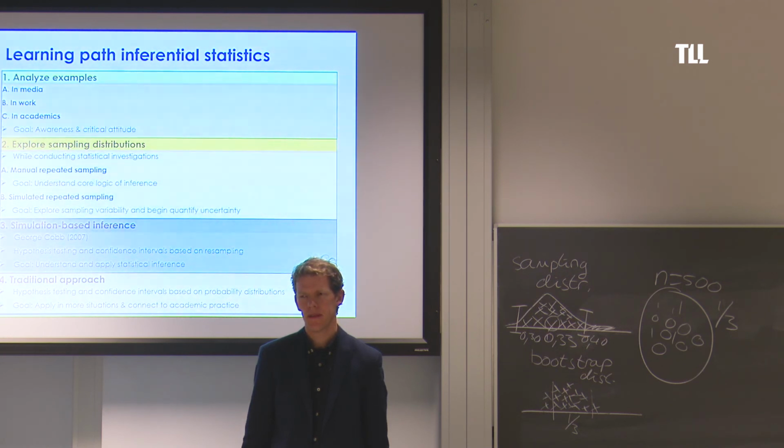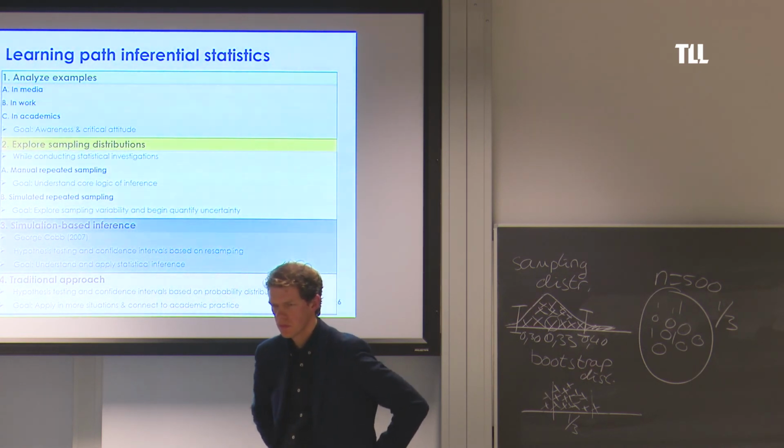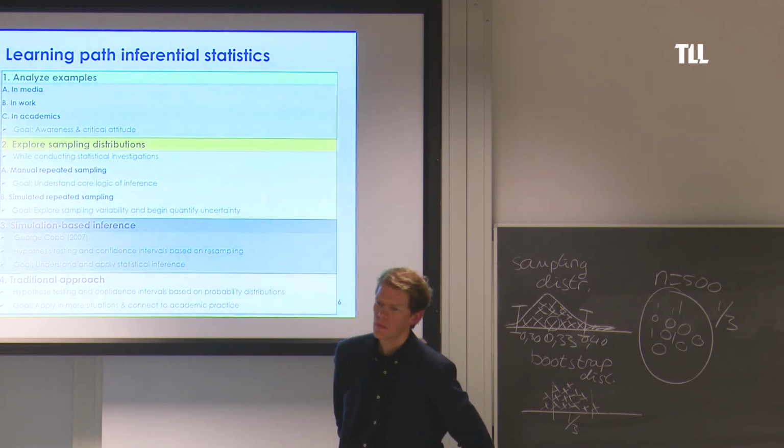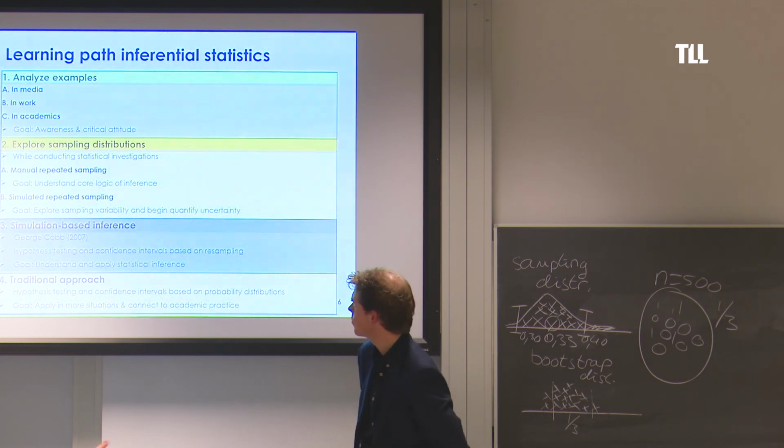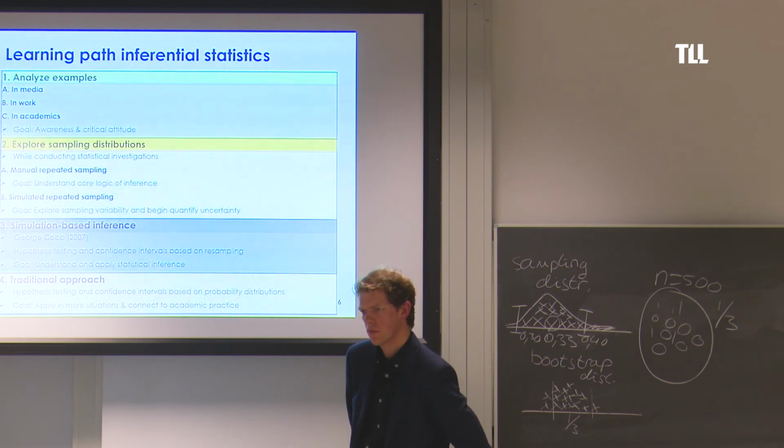You can do that on different levels. So we have here the building blocks. I'm not sure whether these should be the four building blocks. I think it's good to have a path that says where you come from, where you want to go, and the different steps in between, in different themes about comparing groups, hypothesis testing and so on, but also from the informal approach to the formal approach.